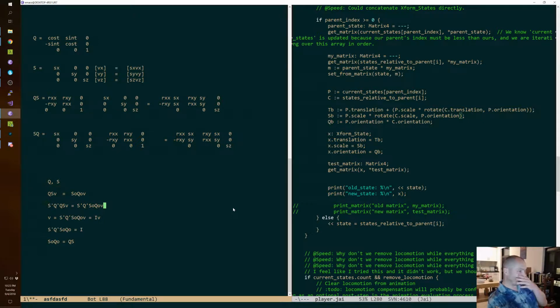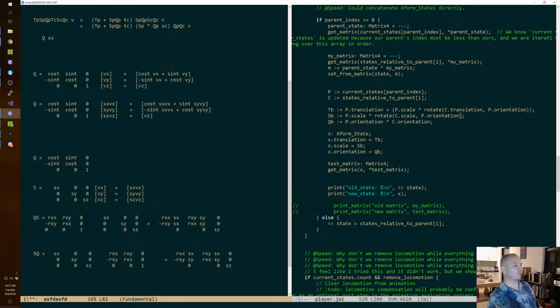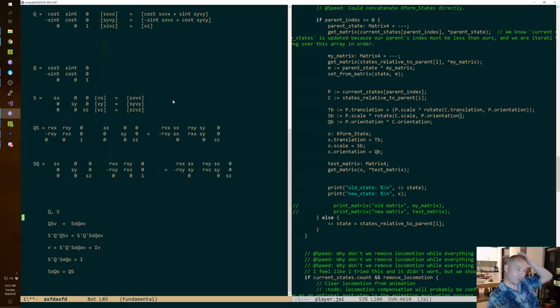I have a scale and a rotation. I have a transform that's a rotation followed by a scale, and I want to turn it into a scale followed by a rotation so I can combine it with another transform.